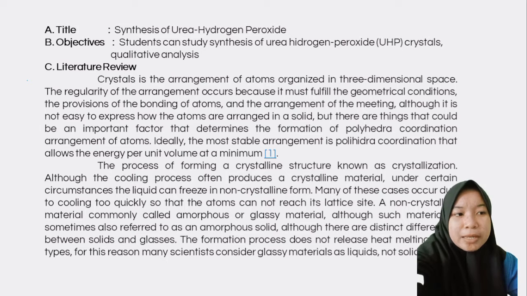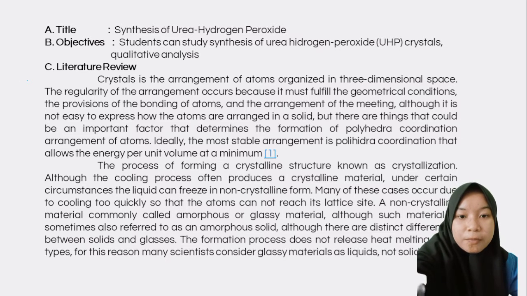The process of forming a crystal structure is known as crystallization, although the cooling process often produces a crystalline material. Under certain circumstances, the liquid can freeze in non-crystalline form. Many of these cases occur due to cooling too quickly, so that the atoms cannot reach their lattice sites.